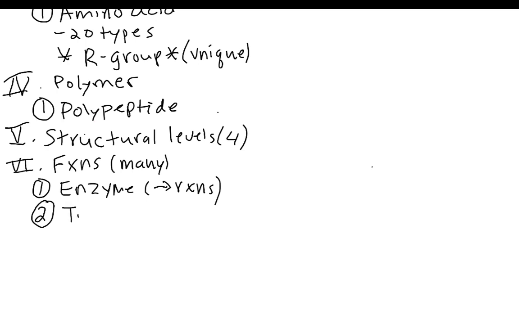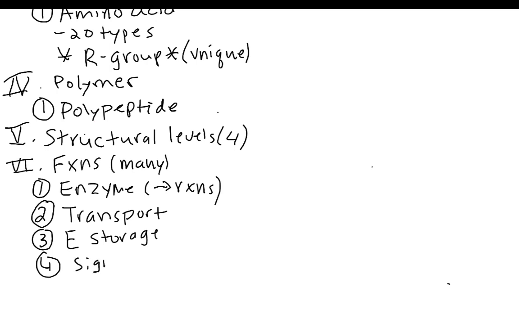Okay, we have transporters. Transport proteins are moving things either around the cell or around the body if it's a multicellular organism. We'll see all these groups throughout the semester, so just getting them now in our heads a little bit. Proteins can store energy to be used later. They can signal.